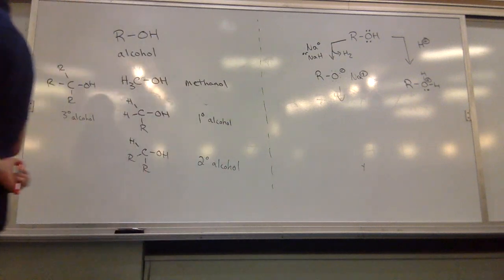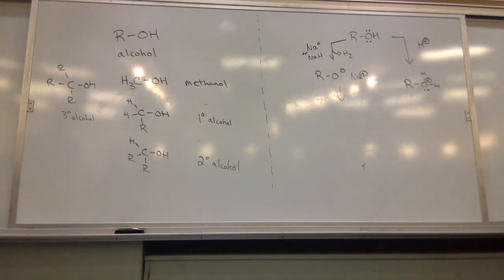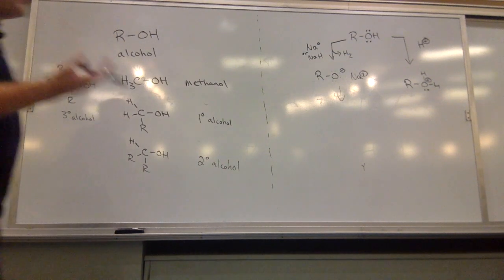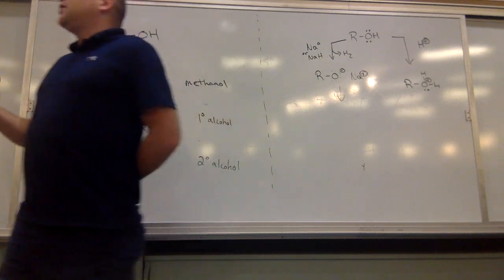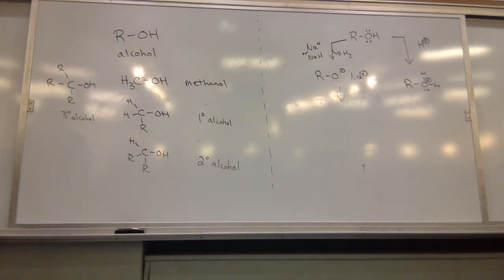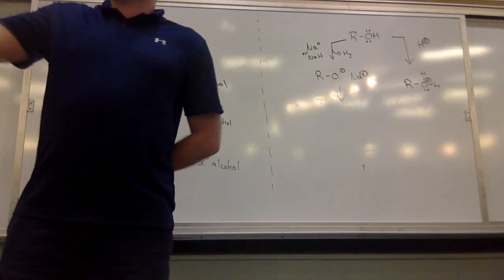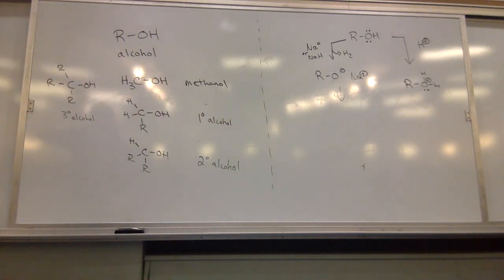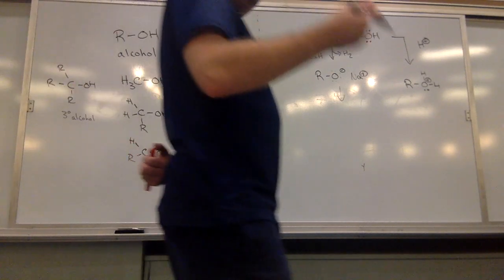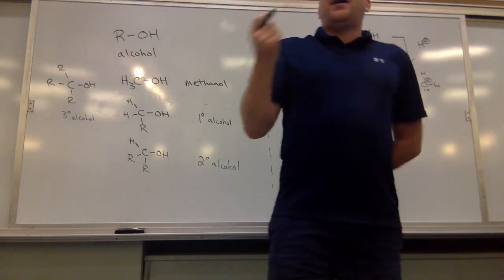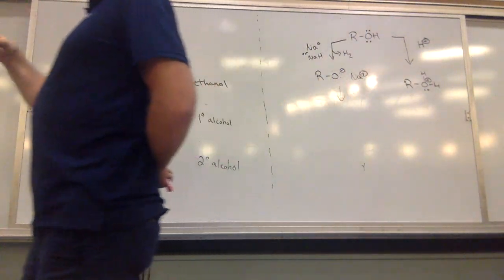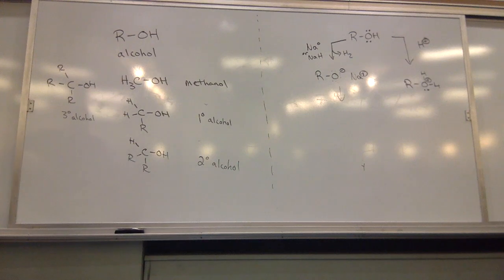In fact, we saw last semester, those of you that took my class, the elimination chemistry of alcohols within the elimination chapter. It's a classic example of an E1 elimination process, where we protonate that, have water be the leaving group, leaving behind a carbocation, which then can eliminate, right?